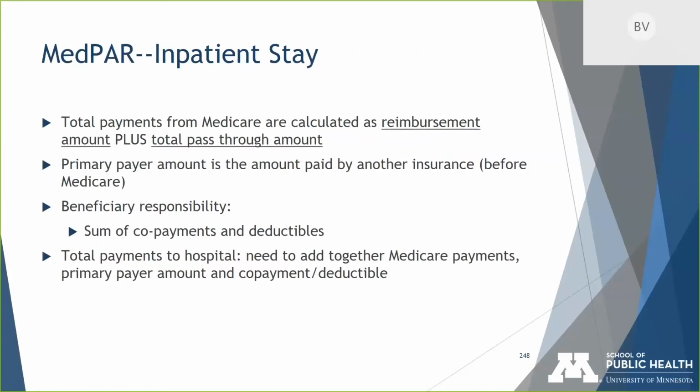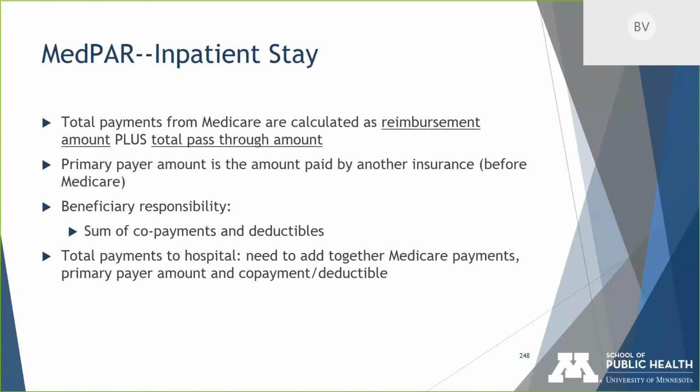Now, if you are looking within the MedPAR and you want to see what Medicare has paid to a provider, it's a little bit trickier than you would think. So there is a payment amount that's on the claims, but if you want to know the total amount that Medicare paid for that hospitalization, you have to look at both that payment amount, the reimbursement amount, plus a total pass-through amount.